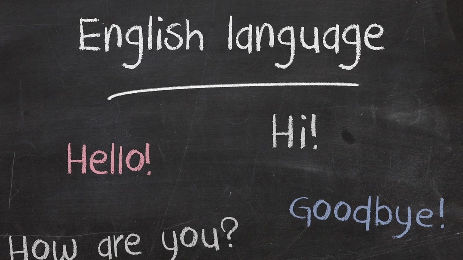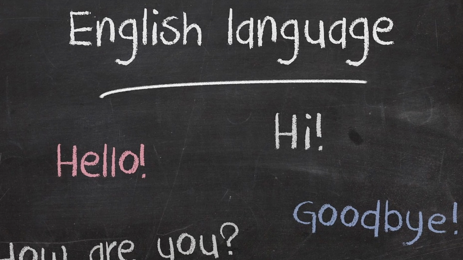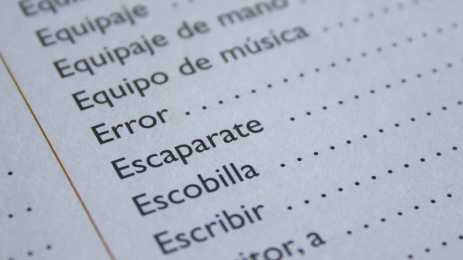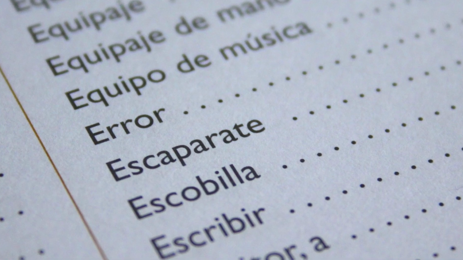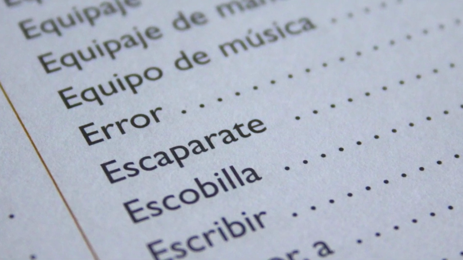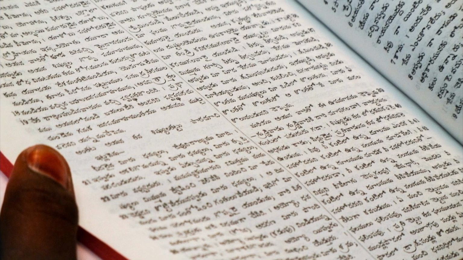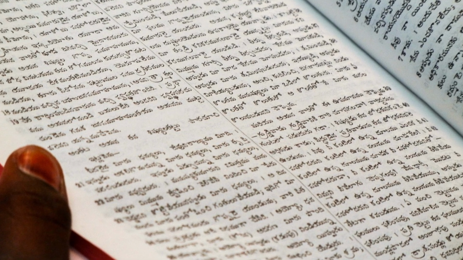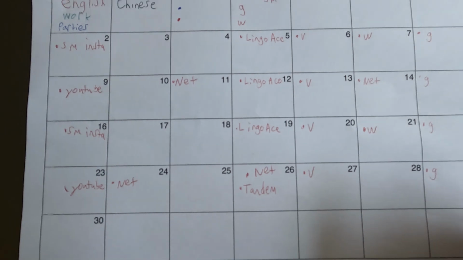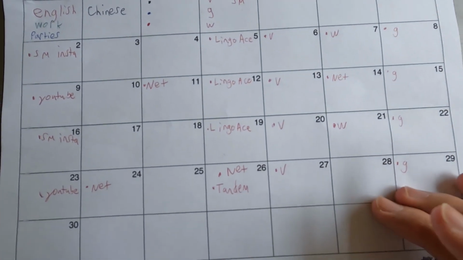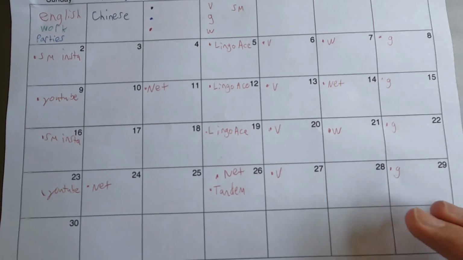LingoAce is really great for learning English. Now, if English is not your language, you can maybe use italki for other languages and stuff like that. Or you can even use, let's write it down here, Tandem, which is a free application where you can speak to people in many different languages, but I mostly use it for Spanish.